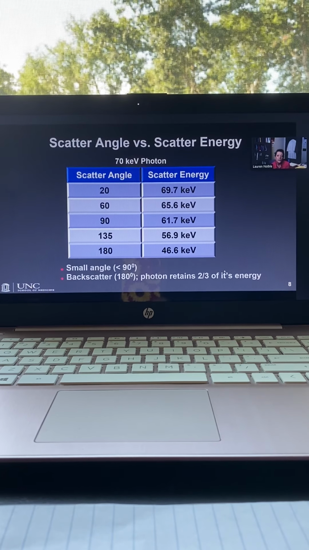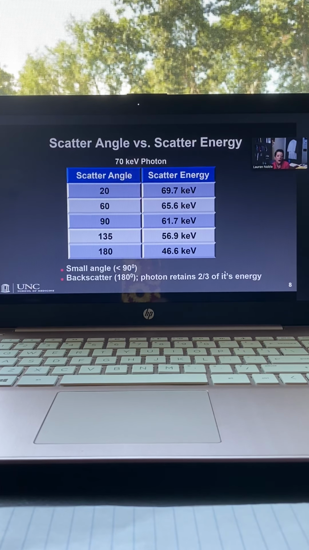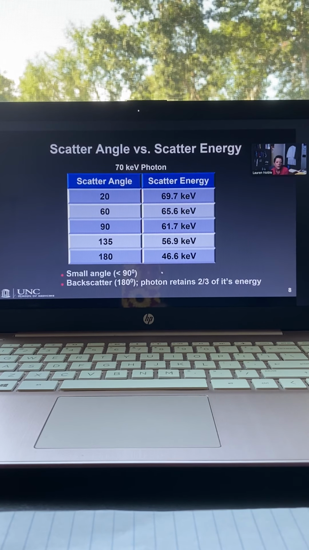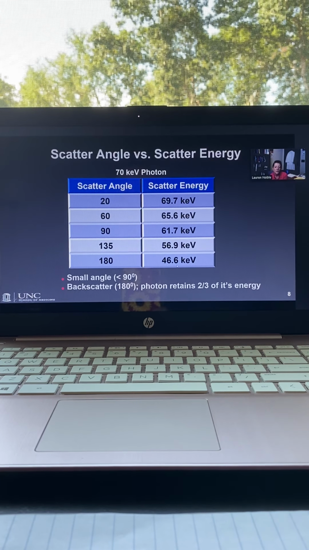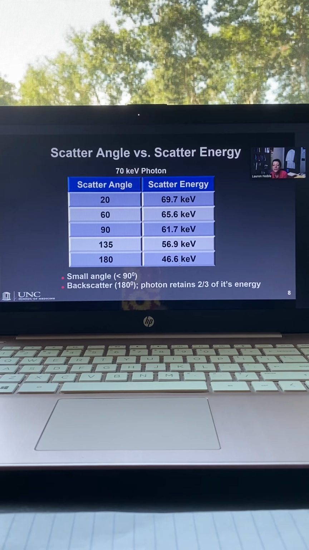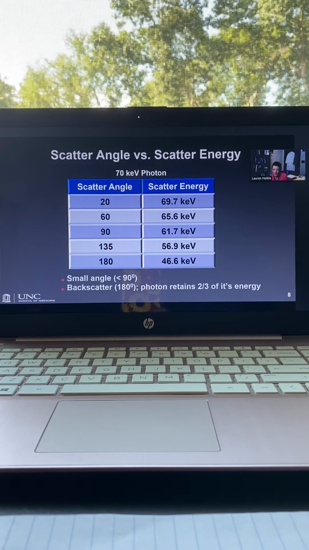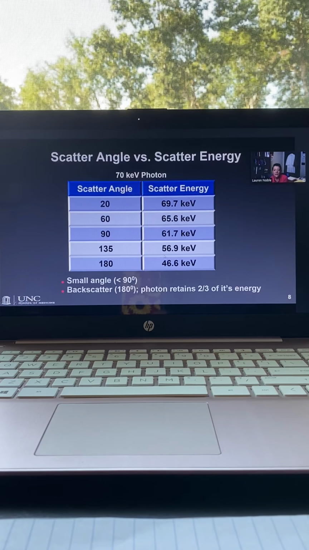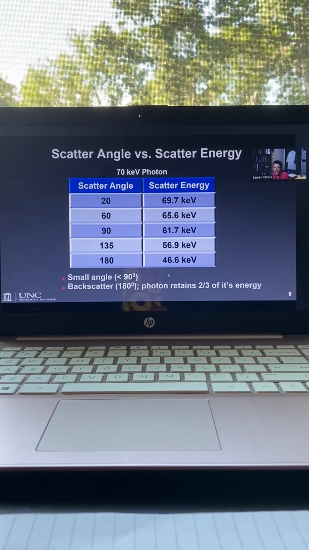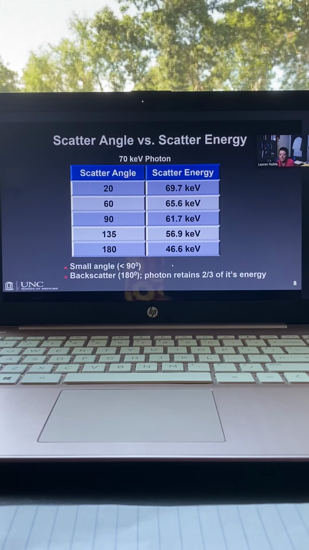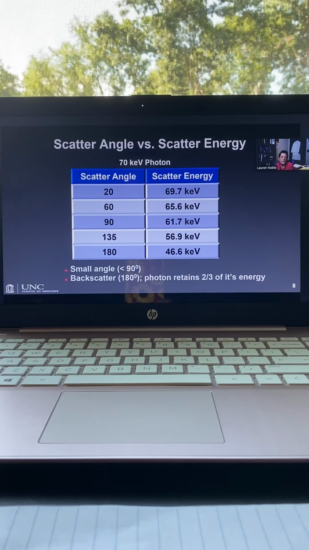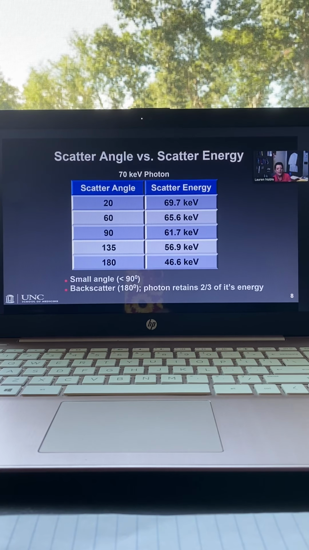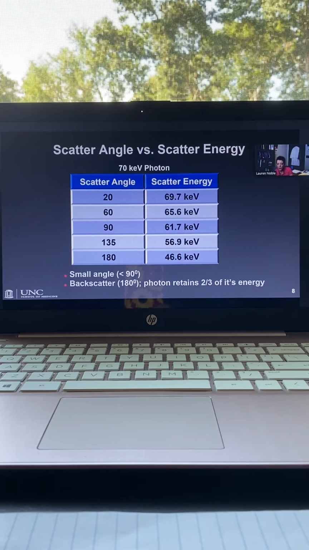But the interesting thing, and to show you the impact of Compton, is that even at 180 degrees, the photon still retains approximately 2/3 of its energy. Approximately 46 keV is about 2/3 of 70 keV. So that's the power of Compton. It retains a lot of its energy.